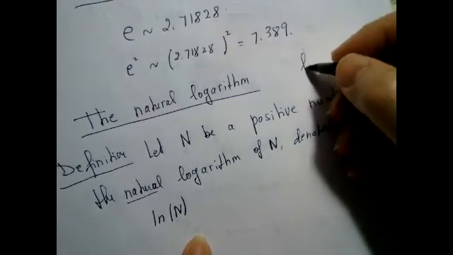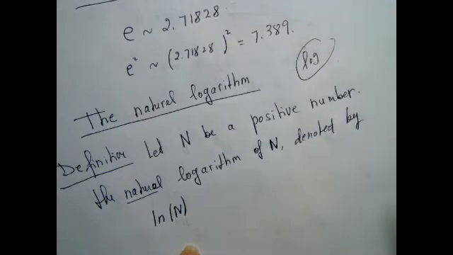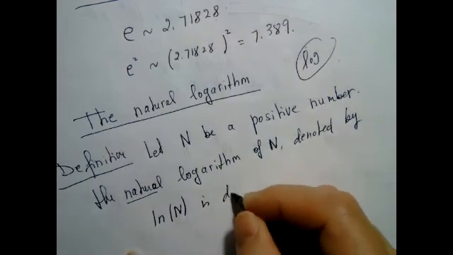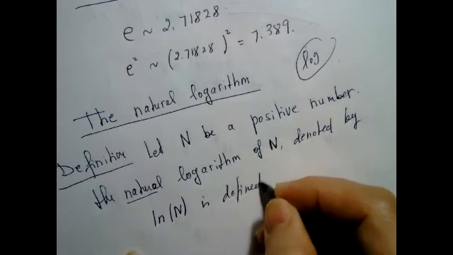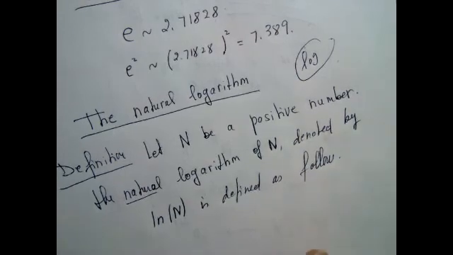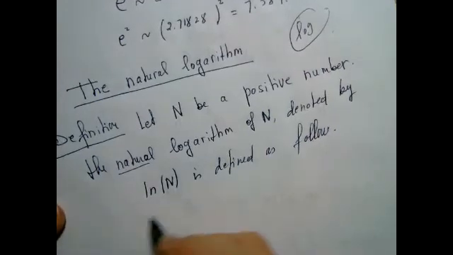The other one was log. We call it log. This one we usually call ln of n, is defined as follows. It's the same definition, but instead of 10, I'm going to use e.